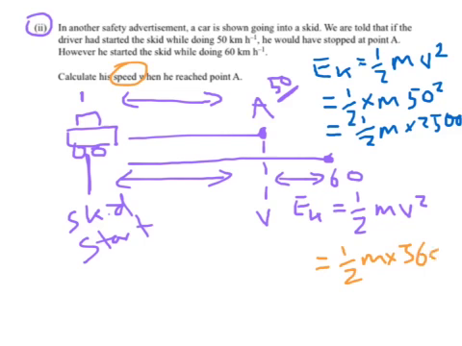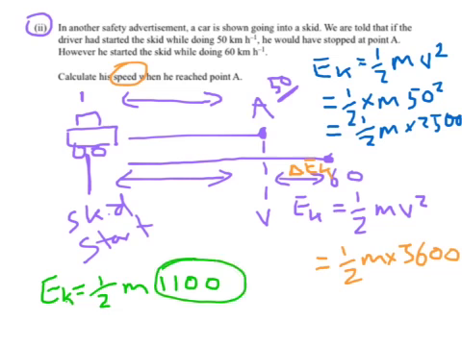times 3,600. So the difference, because we're interested in the difference here, this is the difference in EK. That difference is going to be half m 3,600 minus half m 2,500, which will be half m 1,100, which means that this is the remaining kinetic energy, which means if we take the square root of this 1,100, that should give us the velocity.